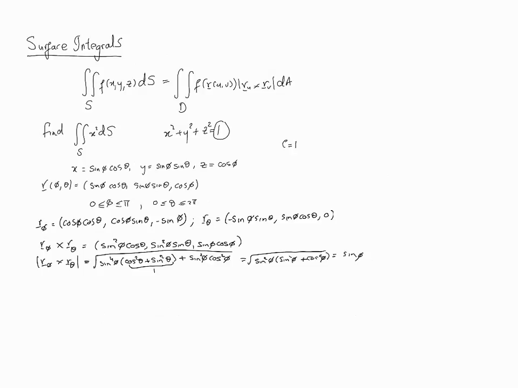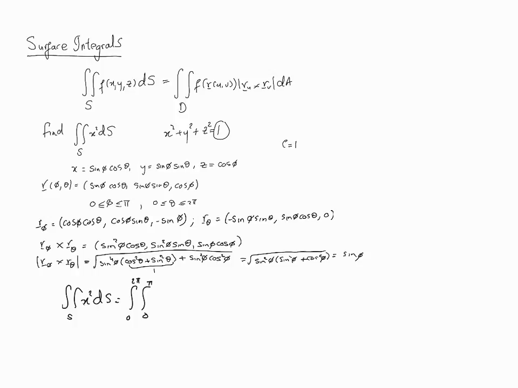So now the surface integral that we're looking for, which is this one, x squared dS, can be written as, of course, with the parameterization, we're looking at 0 to 2 pi for theta, 0 to pi for phi, and we have to, of course, parameterize.